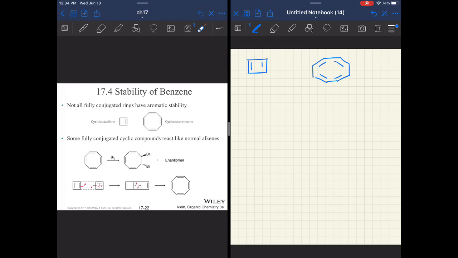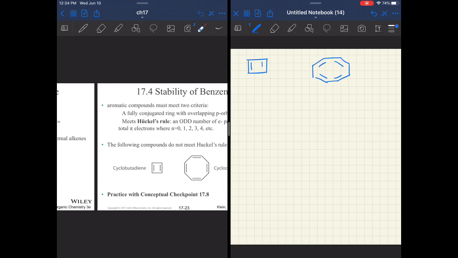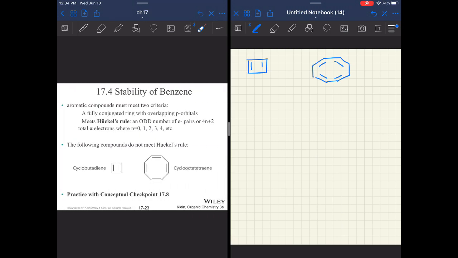And how can we reconcile this? In so many ways, they're very similar to a benzene ring. Well, we're going to take a look at something called Huckel's rule. Let's start here. There are 3 options.